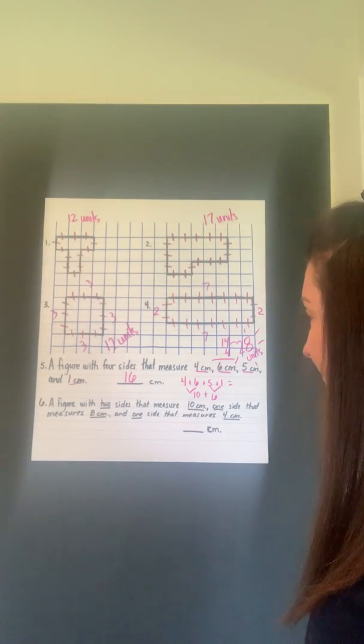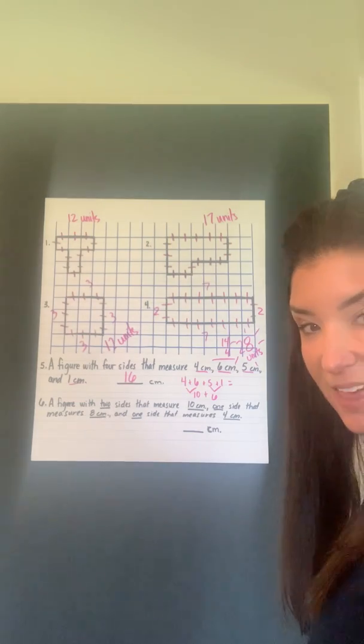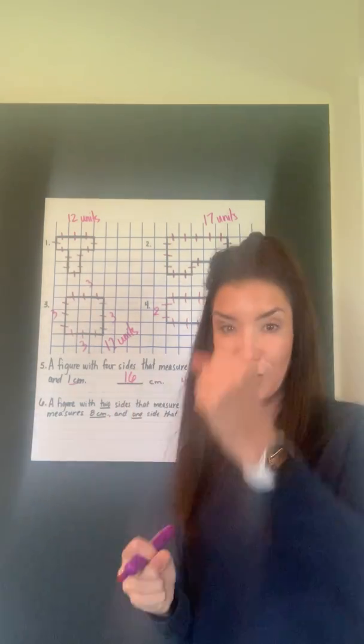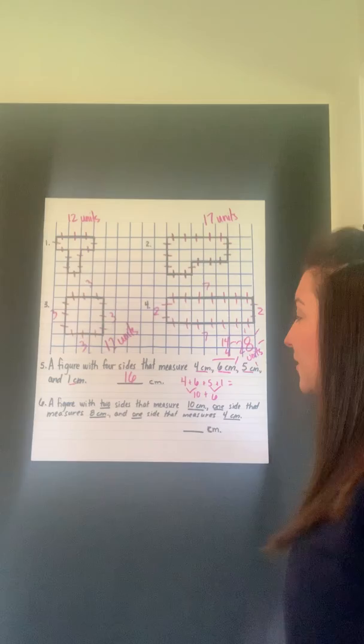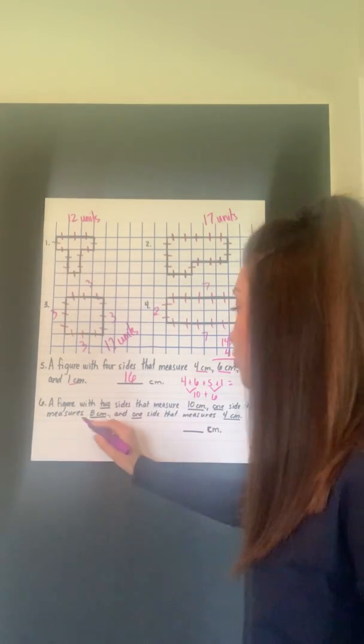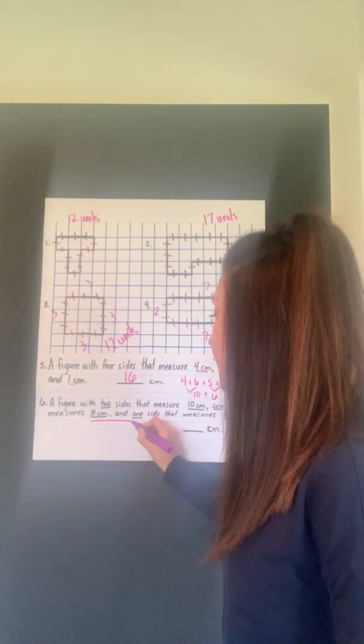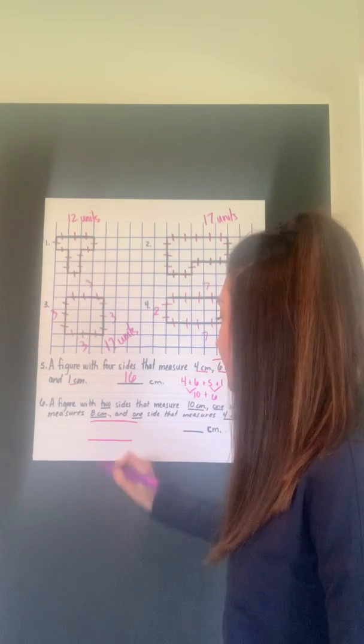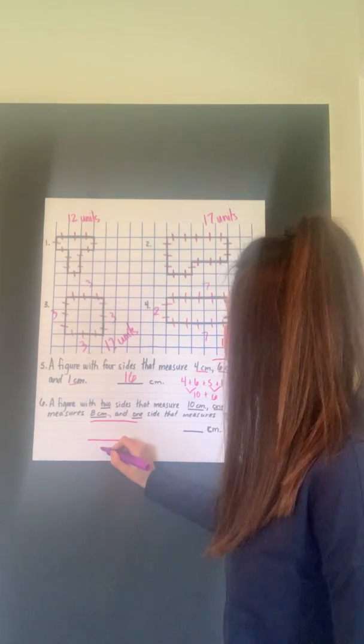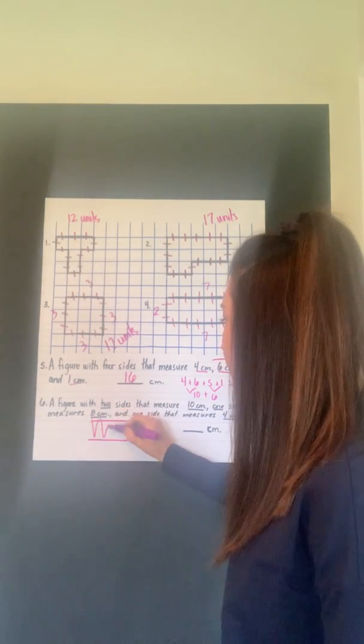All right. Ready for another one like that? I think I can. All right, a figure with 2 sides that measure 10. Okay, so I'm going to say that my 2 sides that measure 10 are here. Ooh, I can't do that because they're all different.